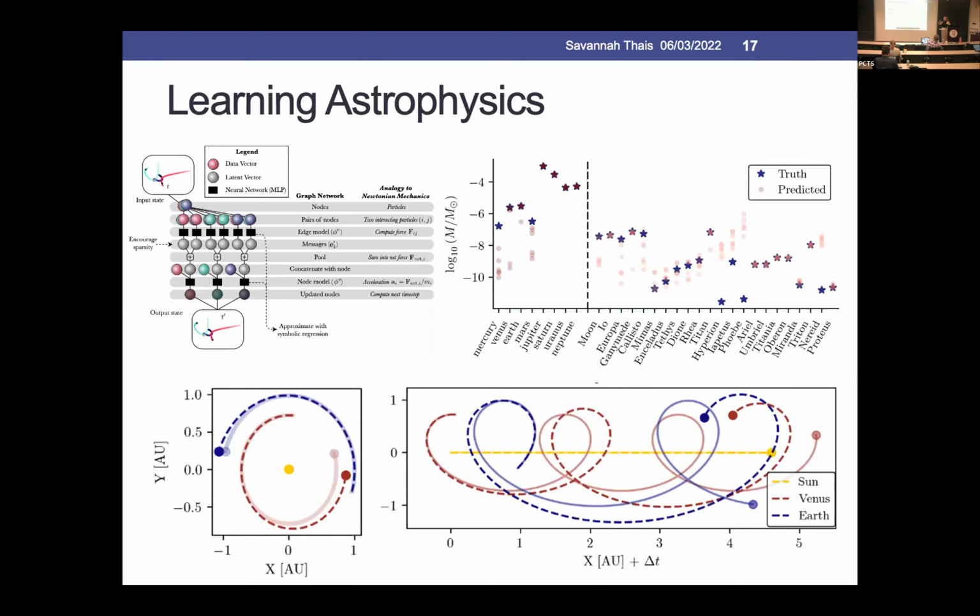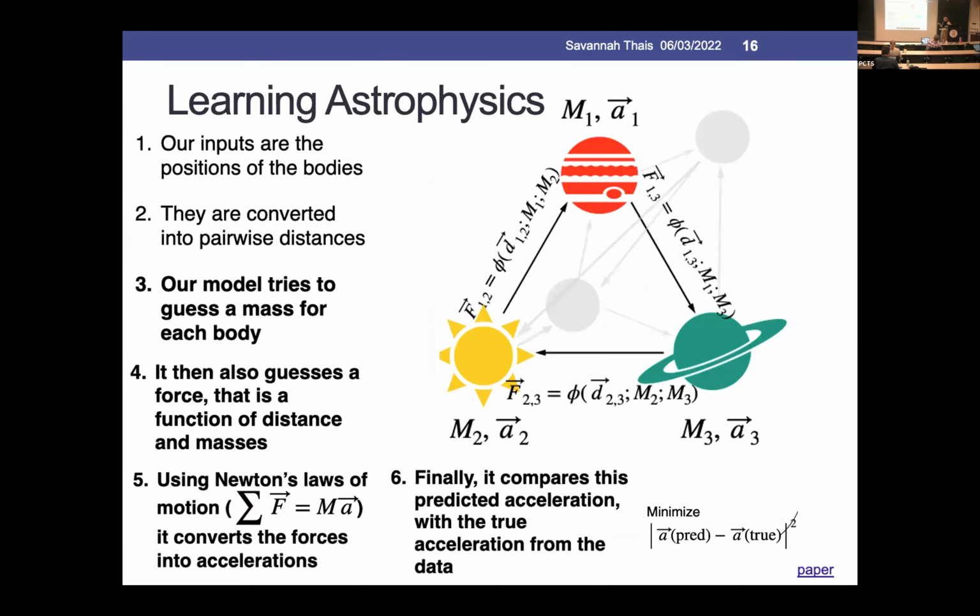Once you've learned this first version of a GNN that just has some unspecified function to do the force guess, and you've learned a good symbolic regression candidate, which in this case is the right answer, then instead of using the learned function, you can use the symbolic regression analytic approximator to do the force prediction.